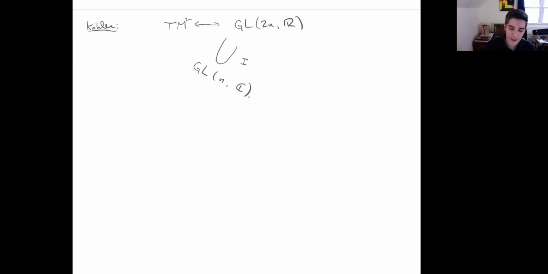There you go. And then if you choose a symplectic form, this gives a reduction of structure to Sp(2n,R). Both of these groups are not compact, but their intersection is compact.